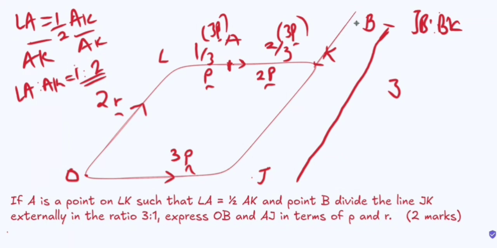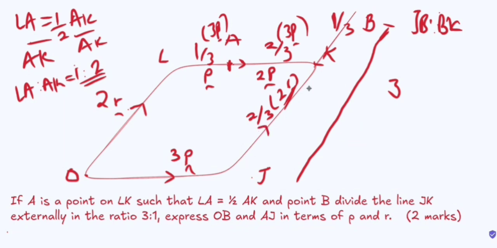BK is usually -1, but KB is +1. So from here to here is 3 and from here to here is 1. So what remains takes 2, 3 minus 1, which is 2. So it is 2 out of 3 and this is 1 out of 3. So 2 out of 3 is 2R. Don't do multiplication, because you have already been told from here to here.